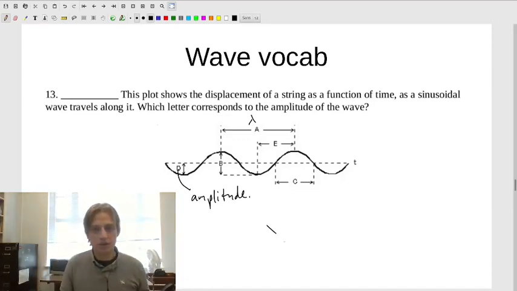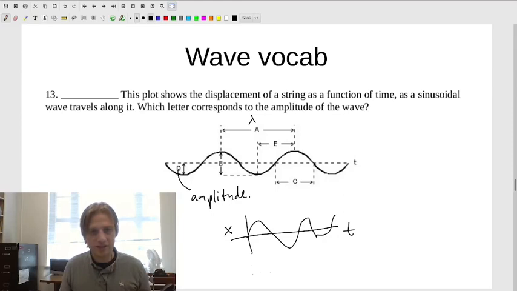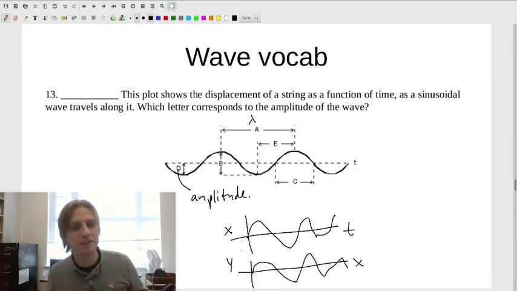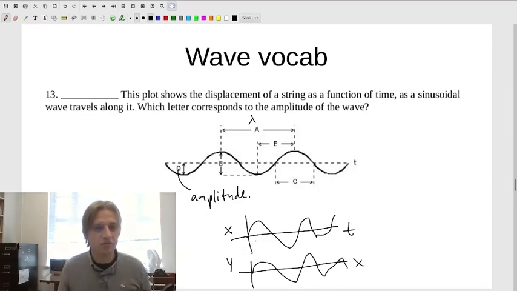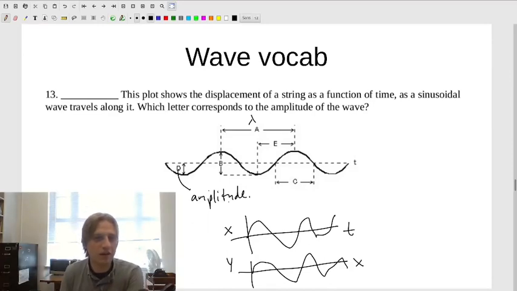One was your position versus time graph, which looks like this, and the other was your displacement of string versus position graph, which also kind of looks like that. And so it's just a tricky thing that either one can apply depending on what the question is.